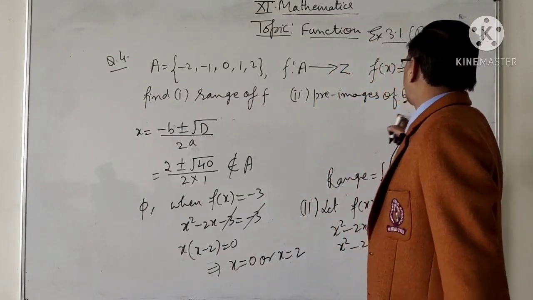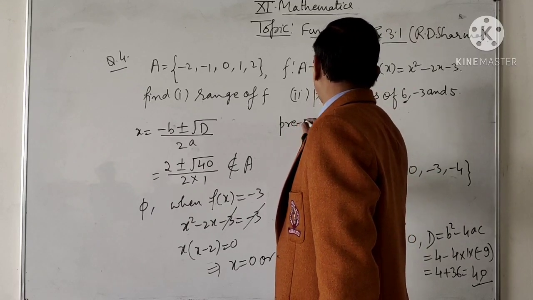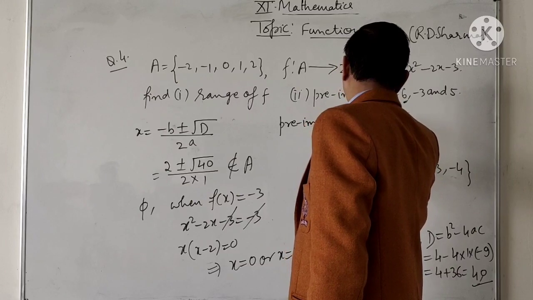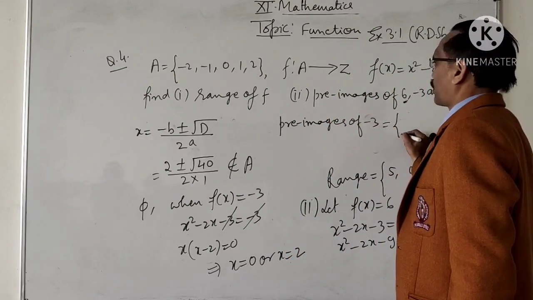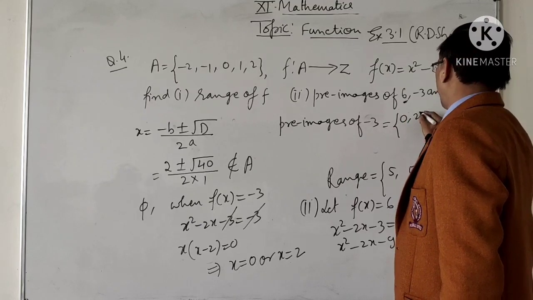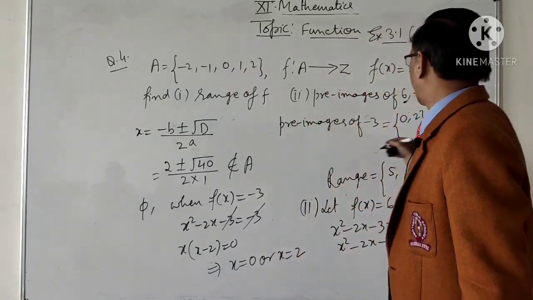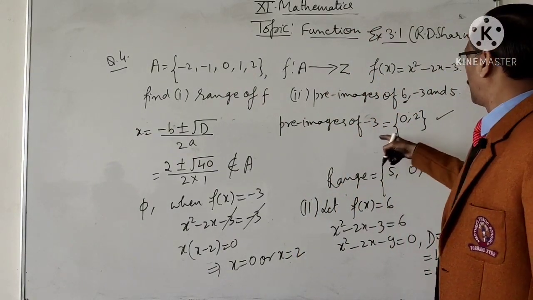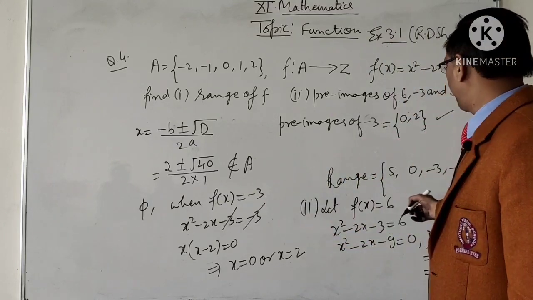So the pre-images of -3 is a set of 0 and 2. These two elements belong to A, therefore it is the pre-image of -3.